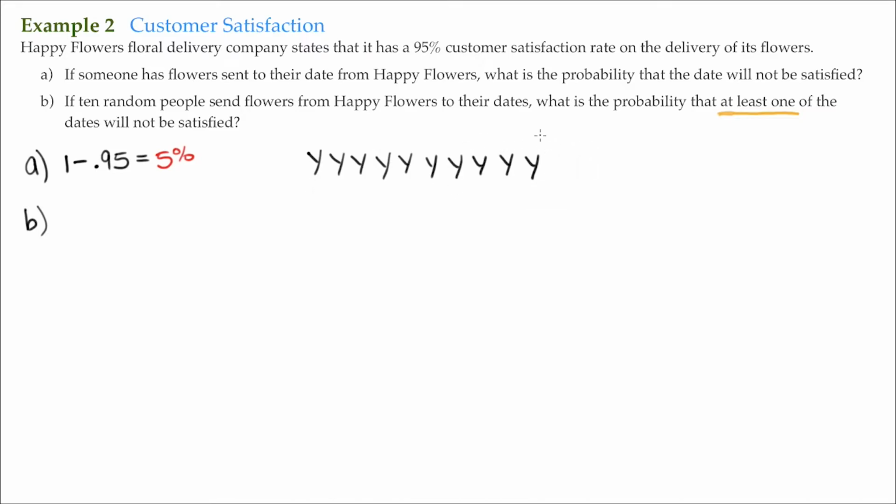Another possible outcome could look like this, where the first 9 all say they're satisfied, but then the last person says, no, I'm not satisfied. So here's at least one. Or another possible outcome could be this.